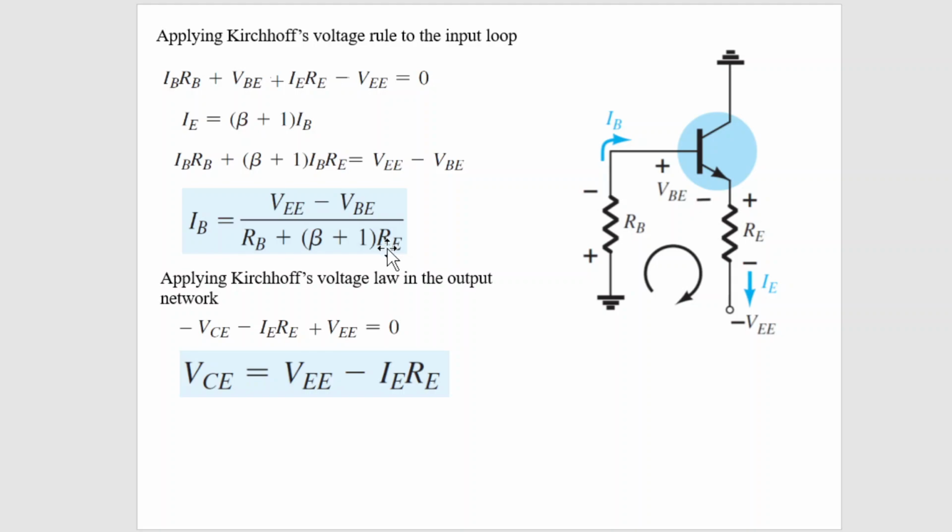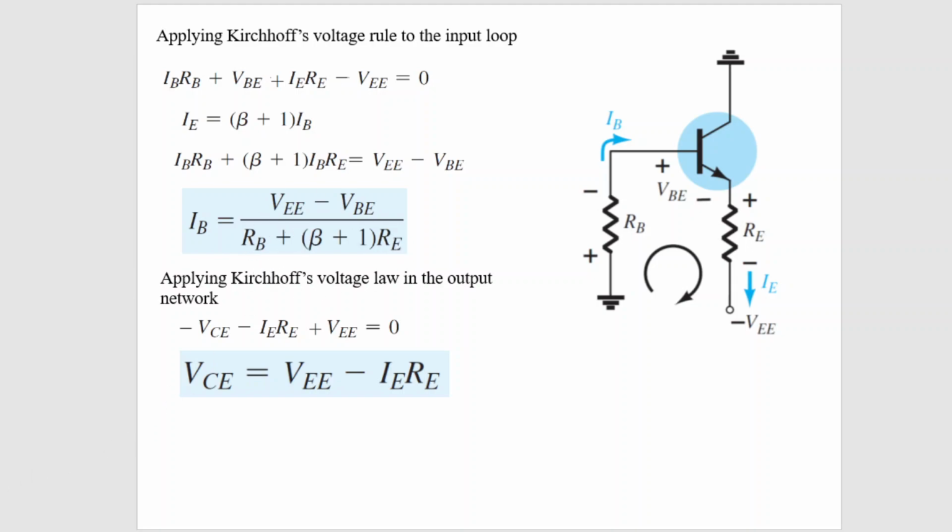So if you recall this equation, IB is equal to VEE minus VBE divided by RB plus beta plus 1 into RE. This base current equation is quite similar to the emitter bias configuration. If you remember what we are learning here, emitter follower.